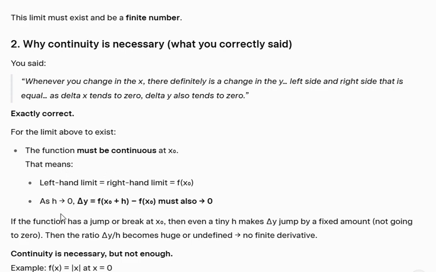Because of the continuity, as the change in x, h, tends to zero, the change in y, that is delta f, f of x0 plus h minus f of x0, must also tend to 0. I will tell you why. Suppose the limit of f of x as x tends to x0 is equal to f of x0. Is it correct?